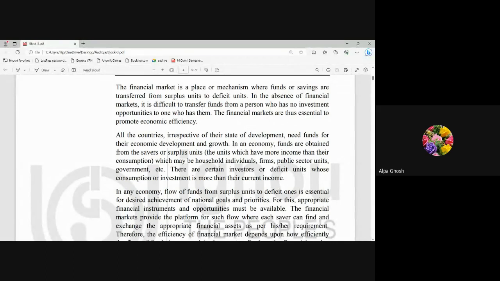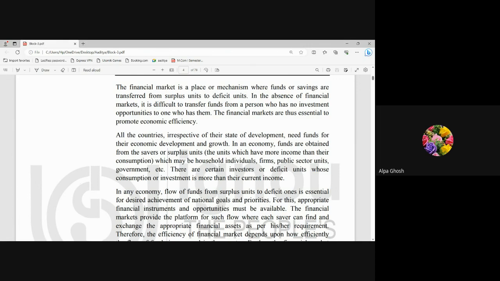In an economy, where are the funds obtained from? From the savers or the surplus units, the units which have more income than their expenditure or consumption, and then they are put into the deficit units whose consumption or investment is more than their current income.